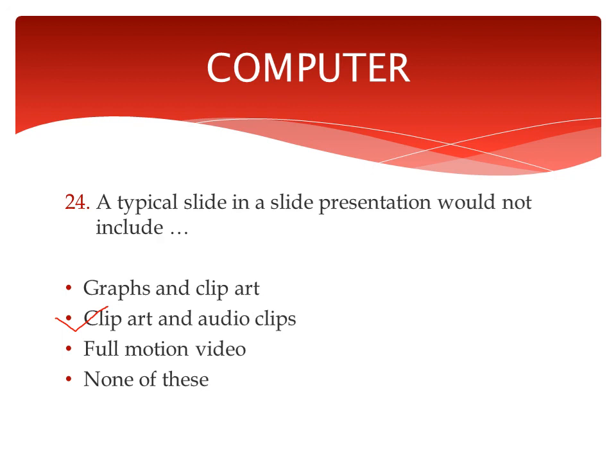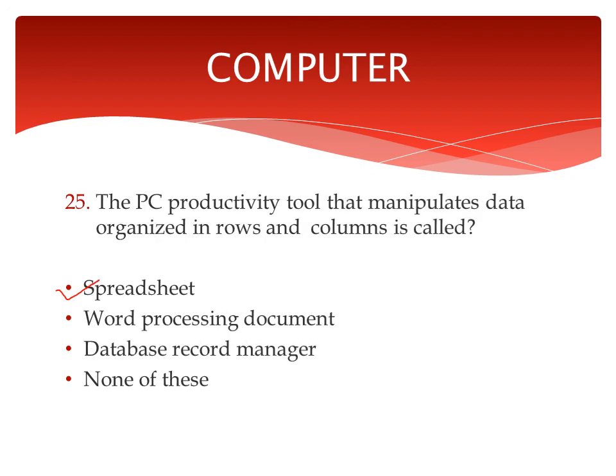Correct answer is clip art and audio clips. 25th question: the PC productivity tool that manipulates data organized in rows and columns is called first, spreadsheet; second, word processing documents; third, database record manager; fourth, none of these. Correct answer is spreadsheets.